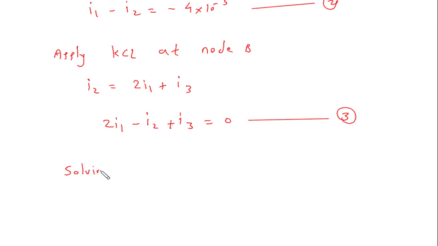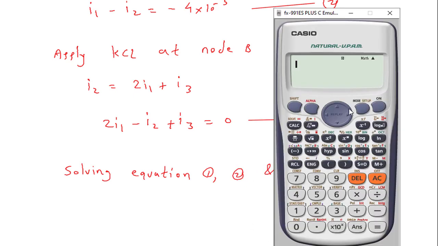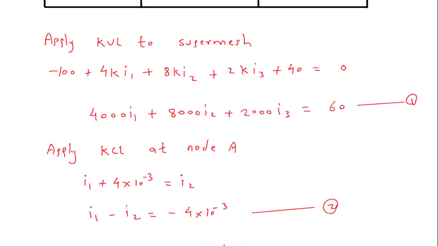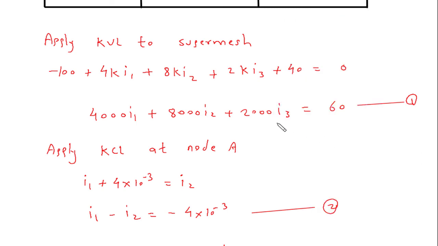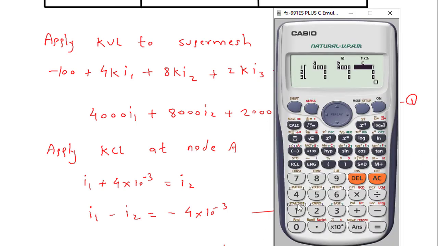Now solving equations 1, 2 and 3, we get the determinant. From equation number 1 this will be 4000, 8000, then 2000 and 60.